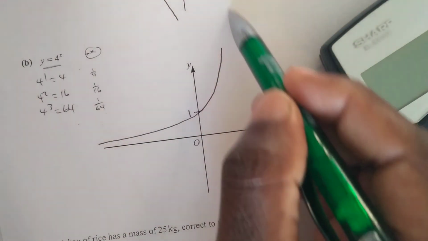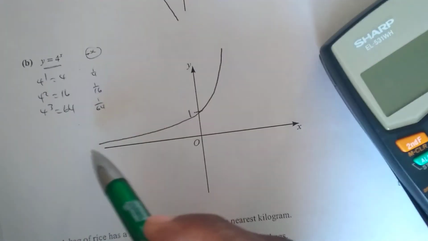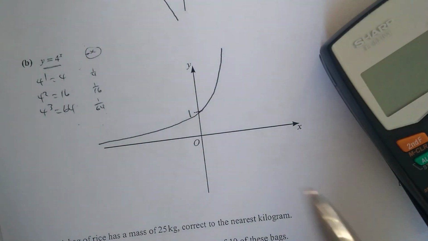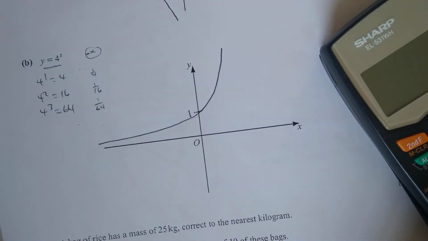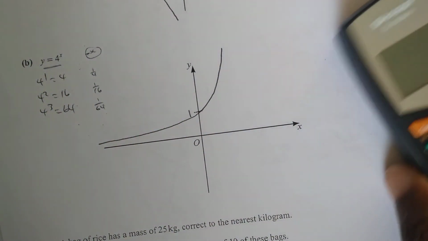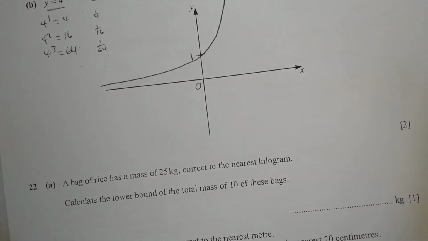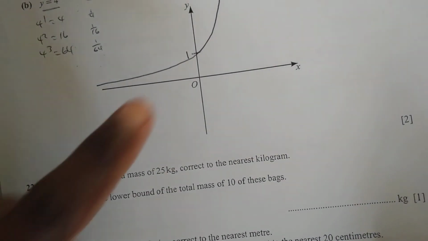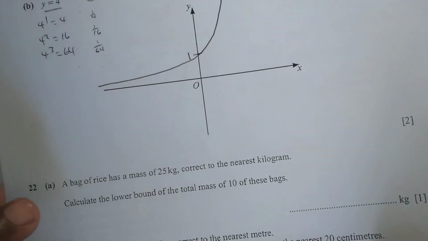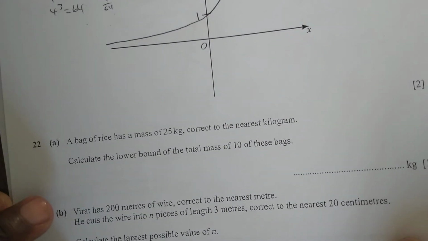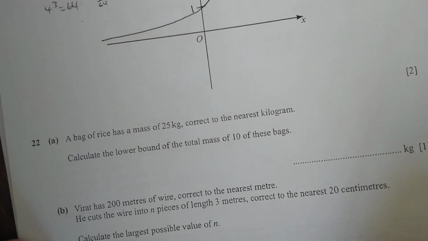So this is the graph, a kind of exponential graph. That is how you get your values for that graph. So when you are sketching, just indicate important points. You don't have to really plot values, just indicate important points.